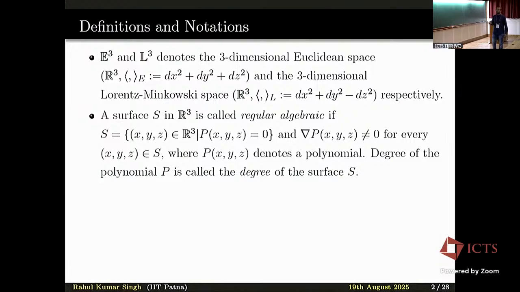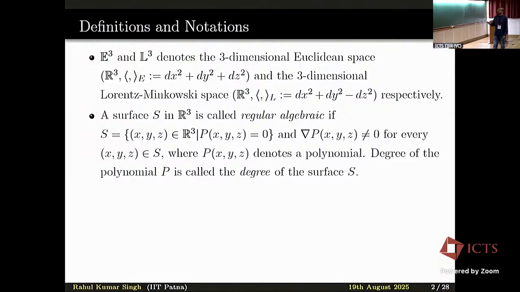So if you just think about this, then the set S, you will say this is an algebraic set, the surface. And if you add the condition of non-vanishing of the gradient at every point of the surface S, then it tells you that it's regular.